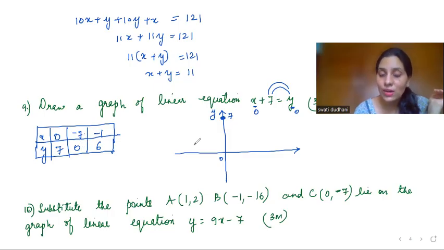Minus 7 is on the x-axis. So the negative value will be here. So this is minus 7. So (minus 7, 0) is here. And last is (minus 1, 6). So x is minus 1 and y is 6. Yes, y is maybe here.